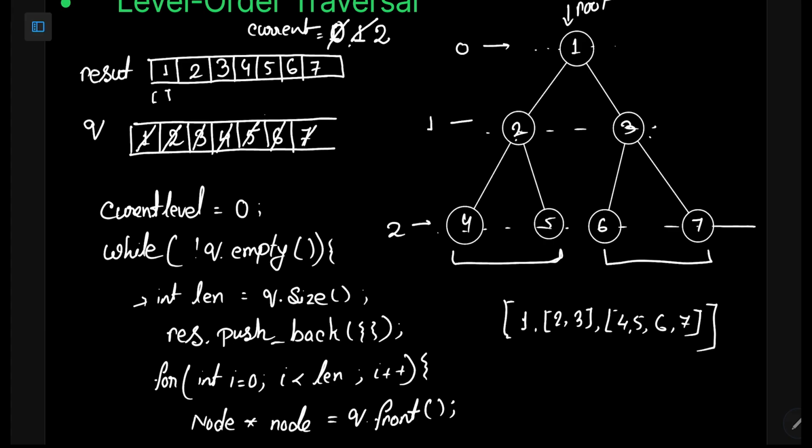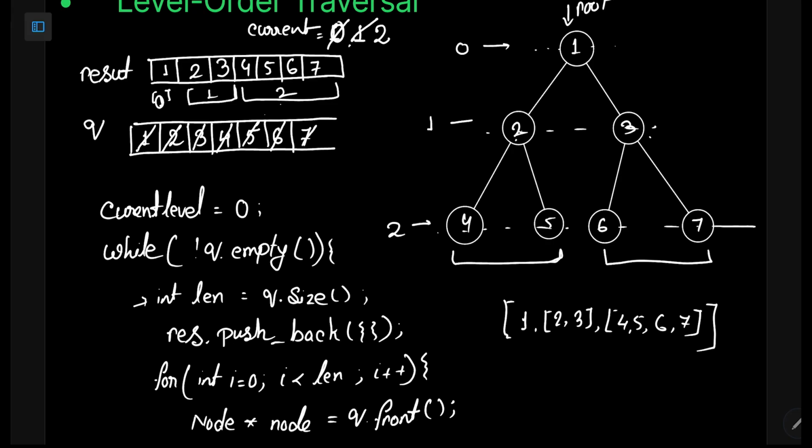This will be the first level, and this will be our second level. If we take the 0th index, it will be 0, it will be 1, and this will be 2.